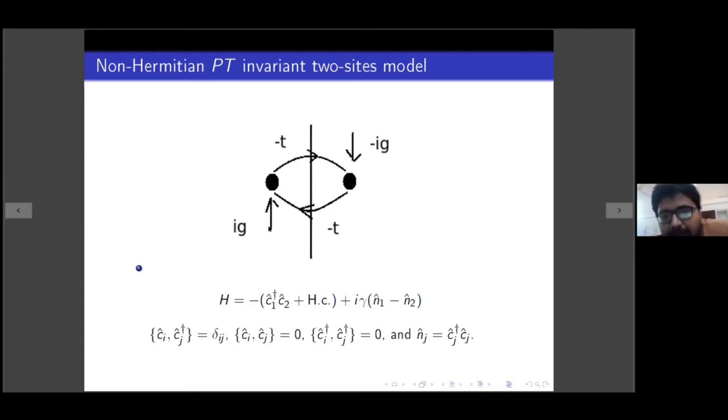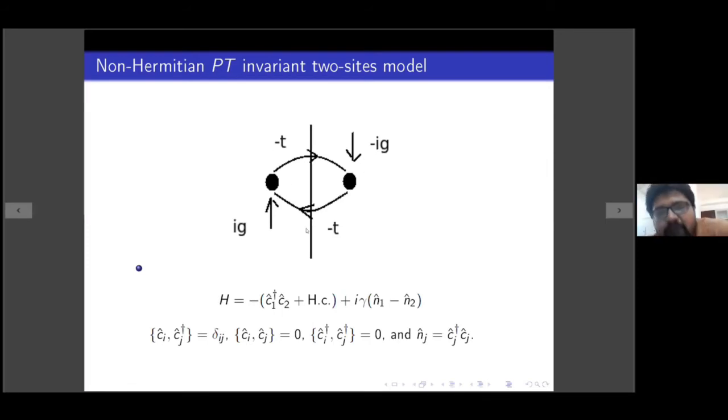To make the Hamiltonian PT symmetric, you put i gamma on one site, and minus i gamma on the other. I wrote G here, but what I mean in this equation is actually i gamma. You have, say, a mirror here, so this particular system obeys PT symmetry.